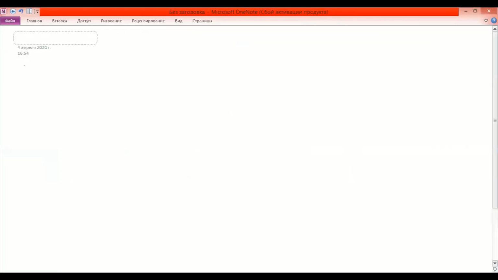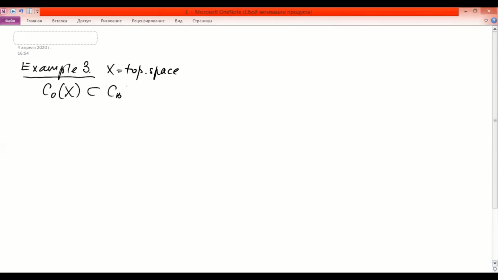Okay, now example 3. Again, if X is a topological space, then it's easy to see that C0 of X, the algebra of functions vanishing at infinity, is contained in CB of X and is a closed star ideal of CB of X. So it is a C-star algebra.